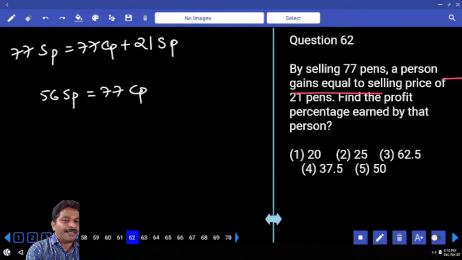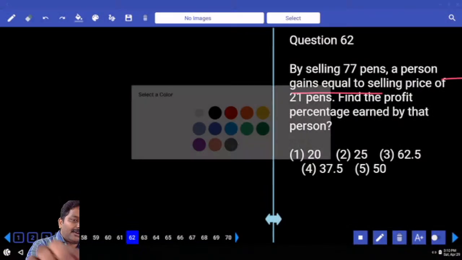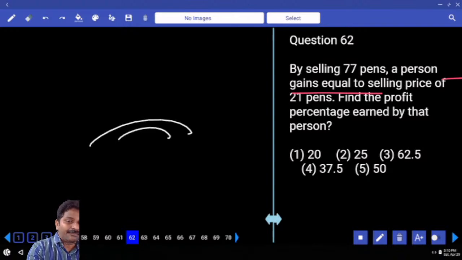Listen carefully. When information is given in terms of number of articles, here 56 and 77, they are number of articles. If information is in number of articles, to calculate either profit percentage or loss percentage, you need to go with rainbow multiplication.